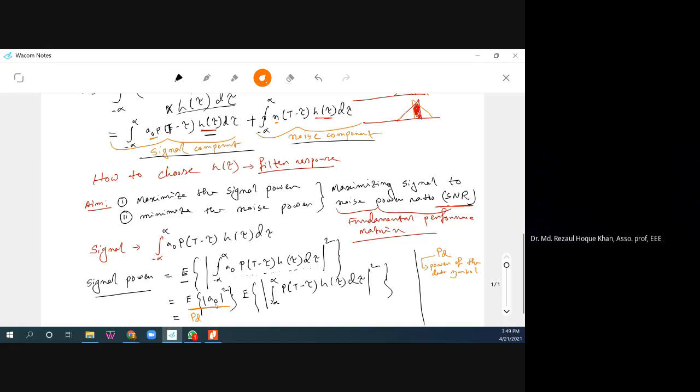Probably in lecture 2, there we actually did this. Now you see here, what is P and what is H? Here P is the shape of the pulse, right? The pulse we transmitted, which is a fixed value. And H is the response of the filter. A filter is a physical thing whose response is also physical, a fixed thing. If I give this input, I get the response h(t).